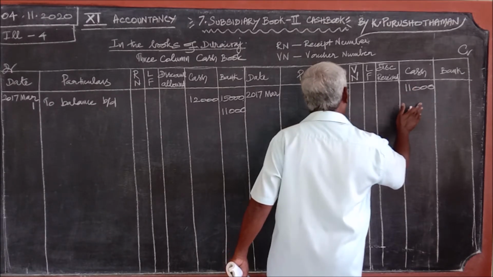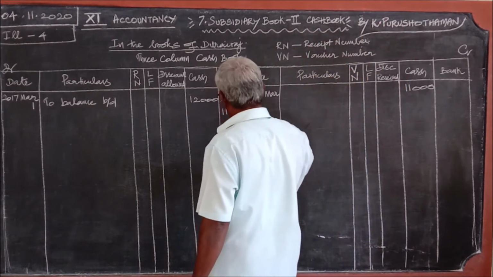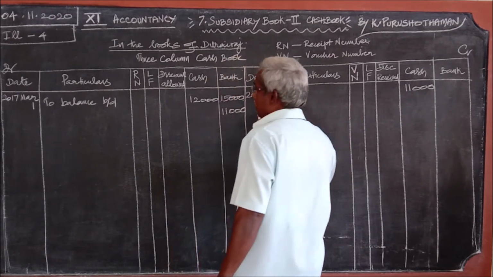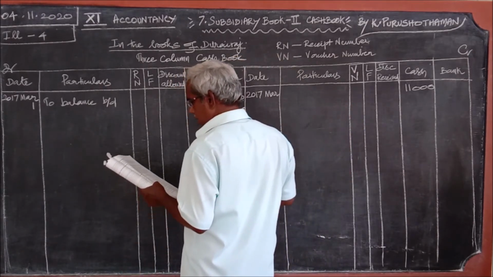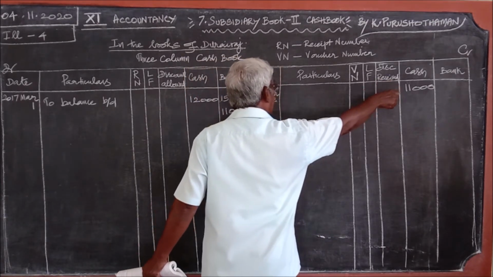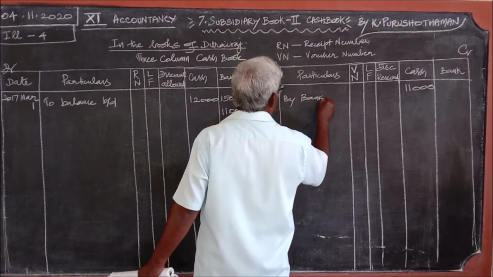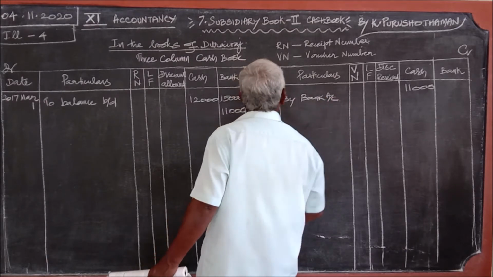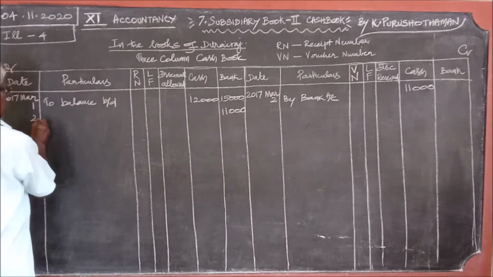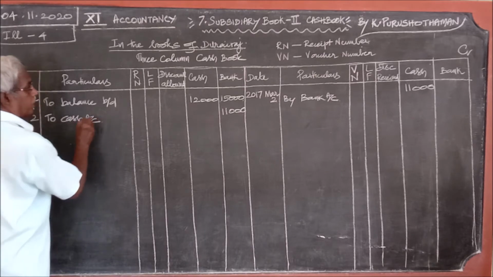But in triple column cash book, cash goes out and it comes into the bank, because there is a special column for bank. And what should be written in the particulars column? When you write the amount in the cash column, you write bank account. When you write the amount in the bank column, you write to cash account.